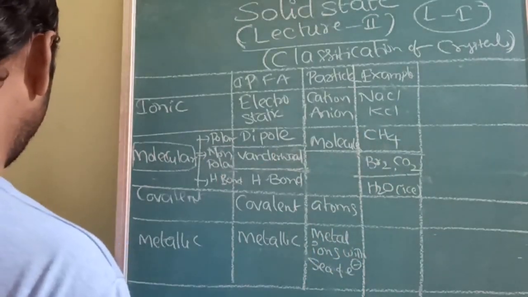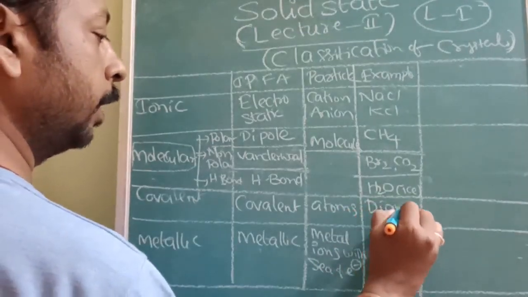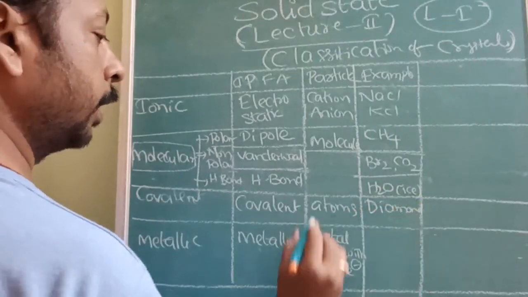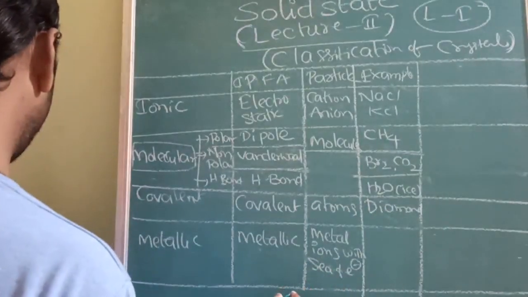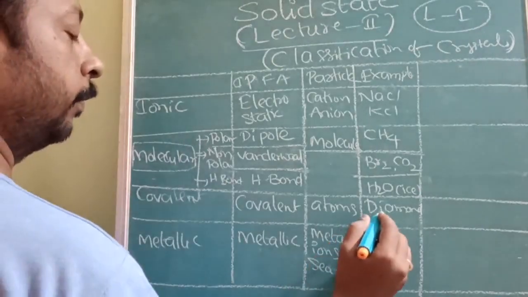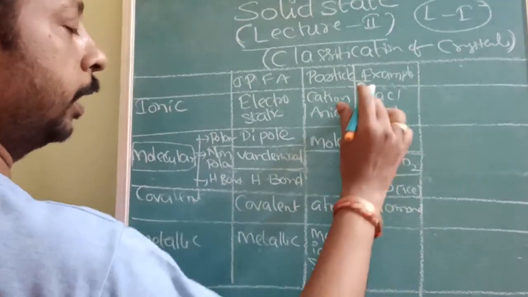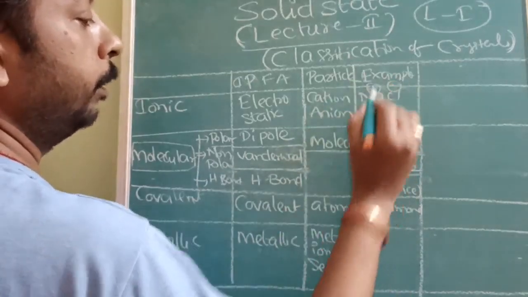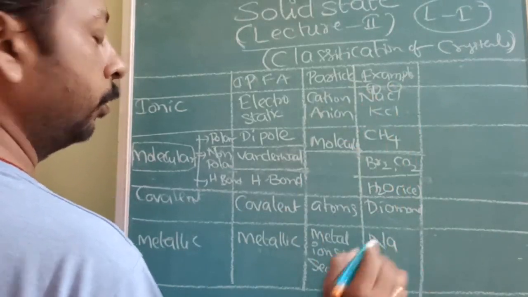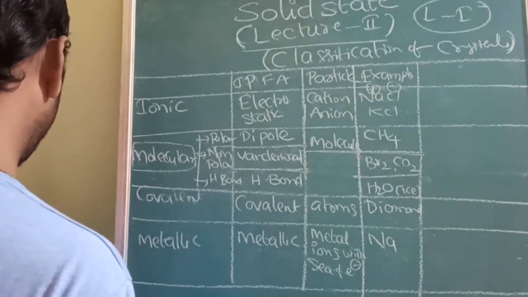And here the best example is diamond. Here carbon atoms are combined with the help of single covalent bonds. The difference is, here sodium will be an ion and chlorine will be an ion, but in a metal there is only sodium.